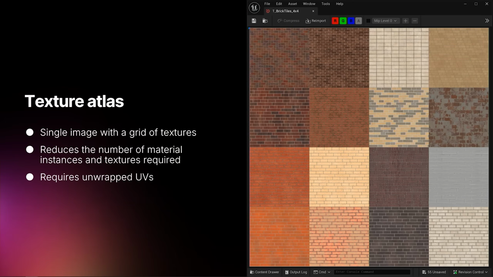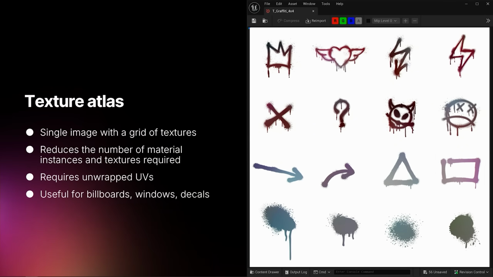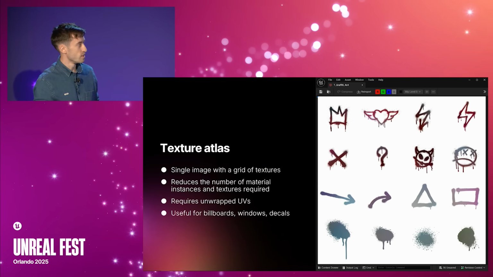But the huge drawback here is that you have to have unwrapped UVs, which we don't really do most of the time. So we find this useful for things like billboards, windows, decals. So something more like this, where you're just having one little section like graffiti or something. You slap it on a decal. If you don't really care which decal has what image, you can simply throw this to thousands of decals if you want to, but it's one material instance controlling all of them.